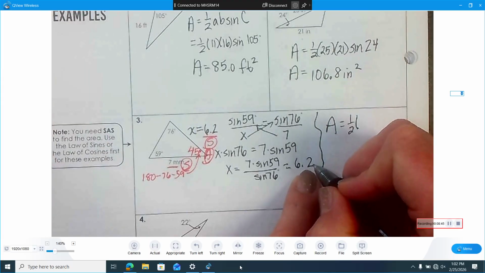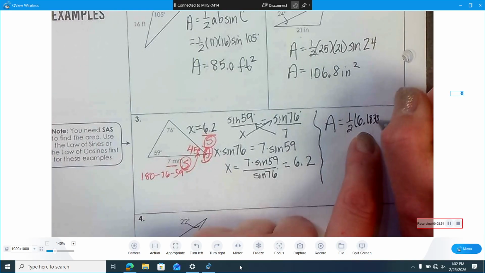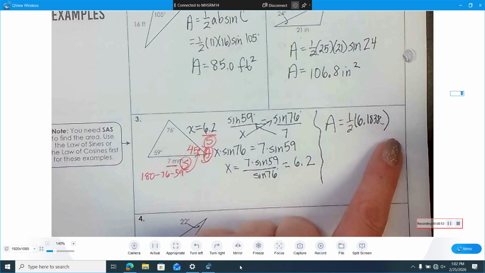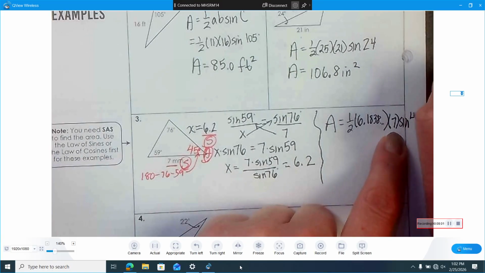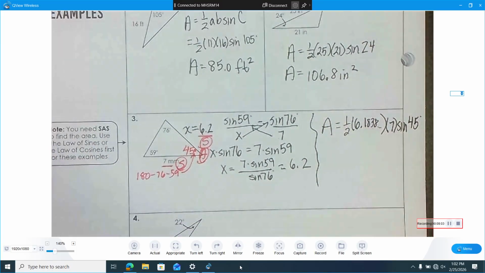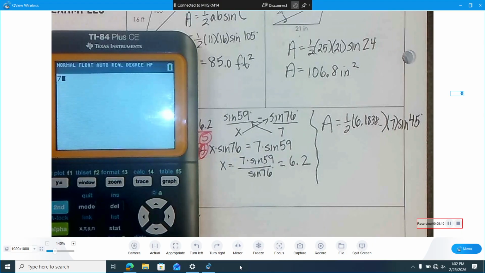So you're going to want to go ahead and grab that answer: 6.1838, and so on. So there's one side times the 7 times the sine of 45 degrees. So definitely grab that answer.